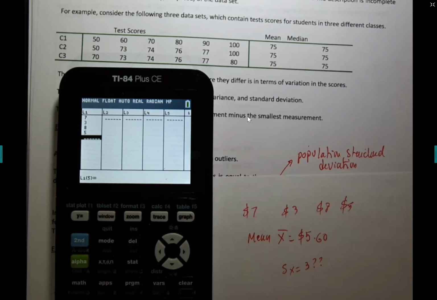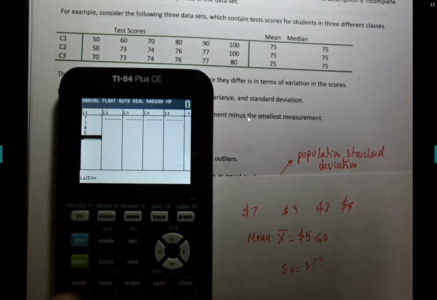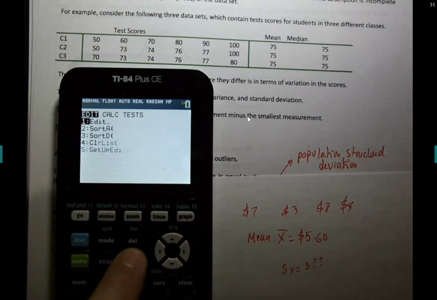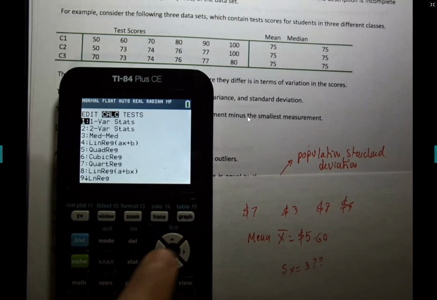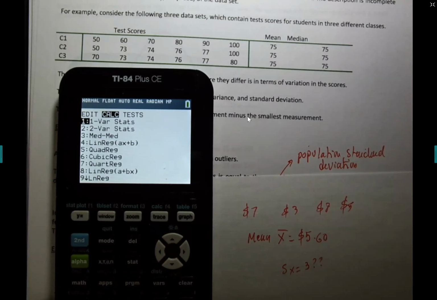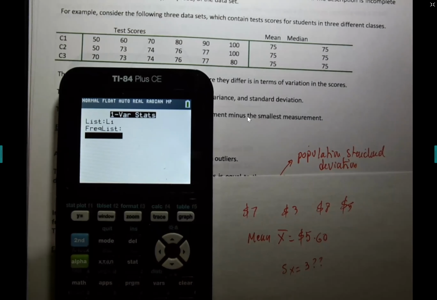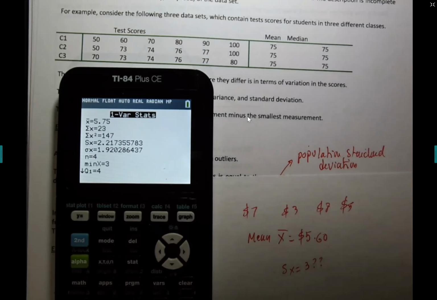Let's check. Stat, calc, enter. Ready? Okay, it was 2.22.